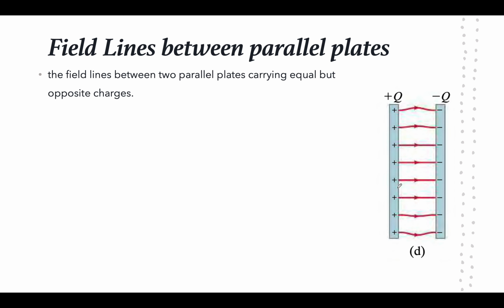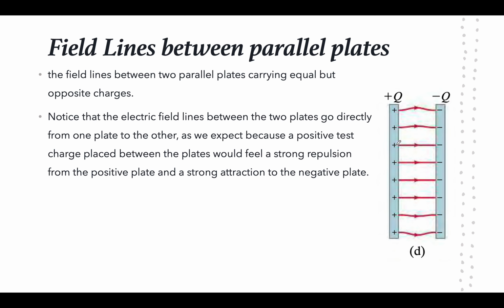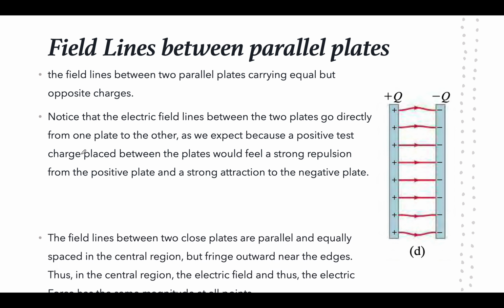Because this is a charged object, which creates an electric field. And here we can see the field lines emanate from the positive and go into the negative. So notice that the electric field lines between the two plates go directly from one plate to the other, right? As we would expect.